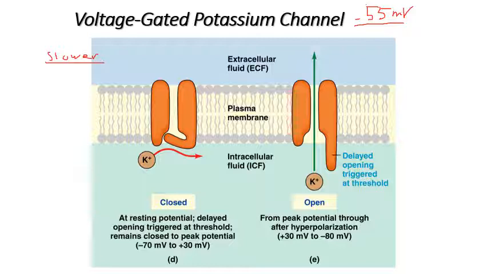The other thing is as they're slower to open, they are also slower to close, so they have a delayed closing. Okay, so keep that in mind when we start looking at the changes in membrane potentials when we look at the action potential.